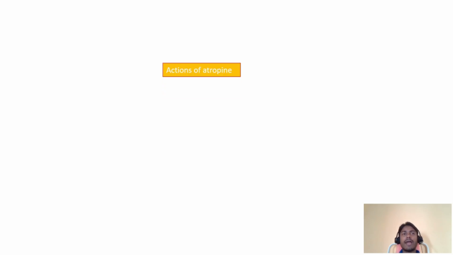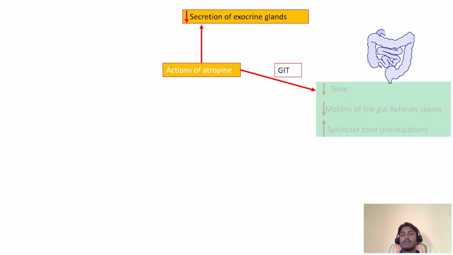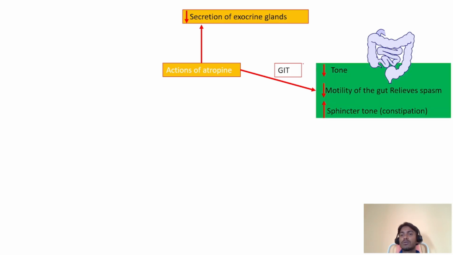Next come the actions of atropine. It reduces the secretion of exocrine glands. Next, action on the GIT. It reduces the tone, and reduces the motility of the gut, thereby relieving spasm and muscle cramps.